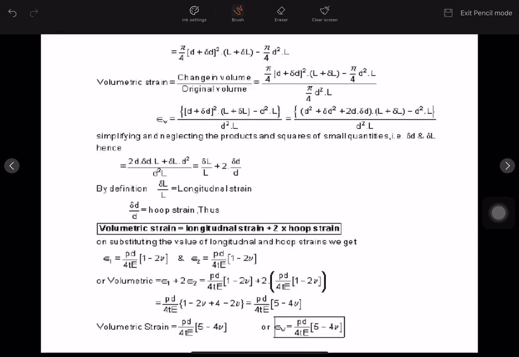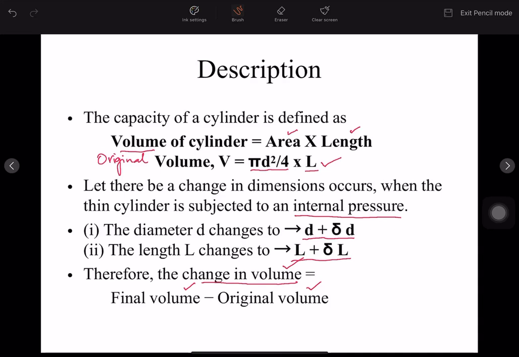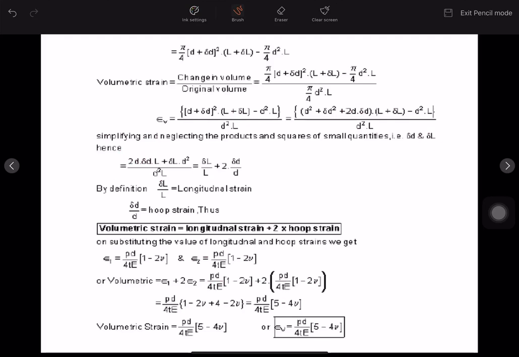You can see the equation here, final volume minus original volume. If we substitute the exact values, this is what we get.